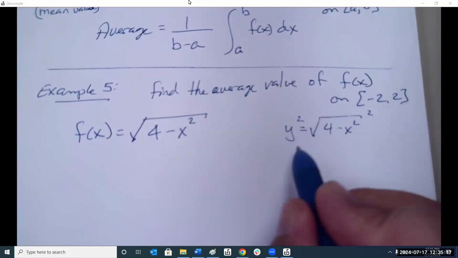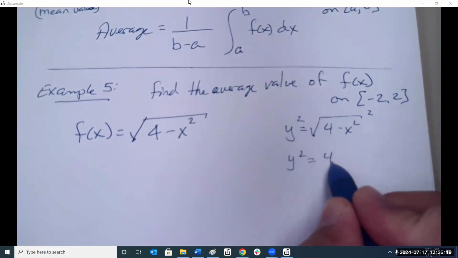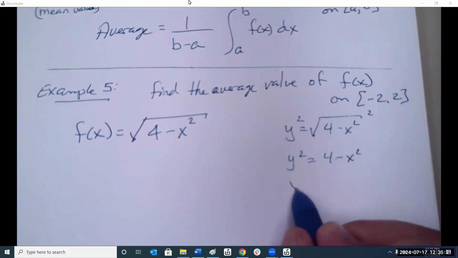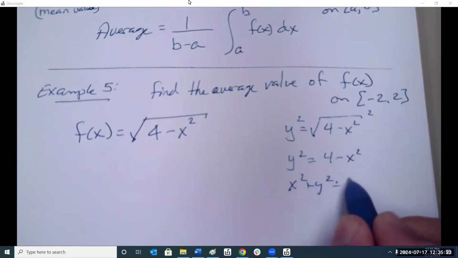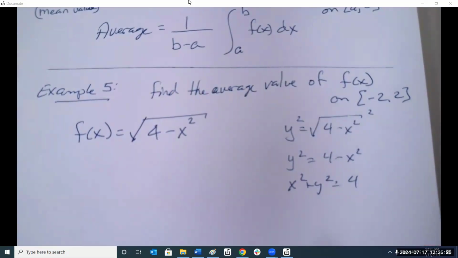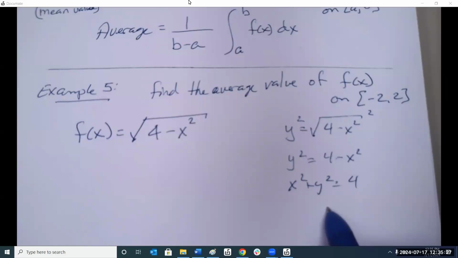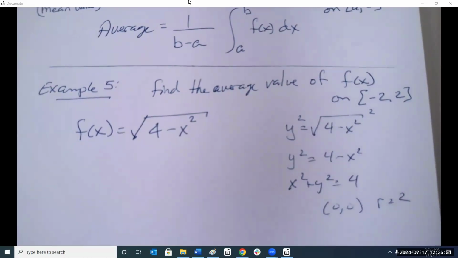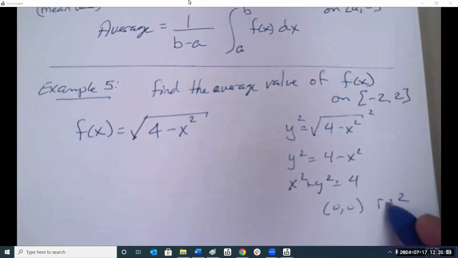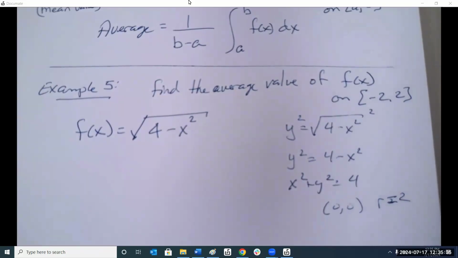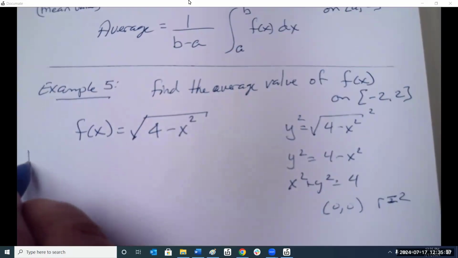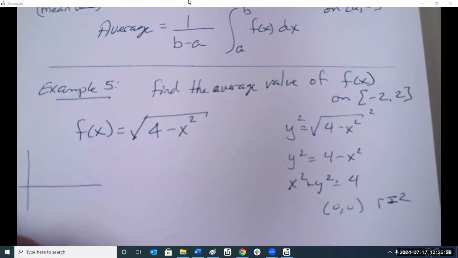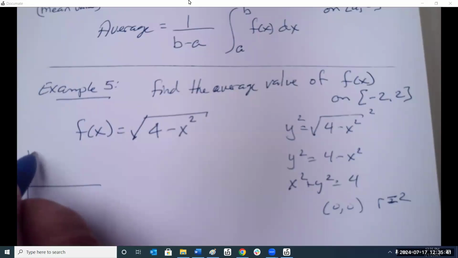We square both sides, 4 minus x squared. So it's an equation of a circle at 0, 0 with radius 2. So this is the semicircle from -2 to 2.